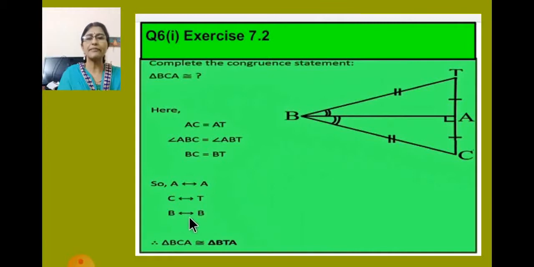So that's why B will correspond to B. Now we will write down triangle BCA is congruent to, now B corresponds to B, so here also B will be written. And then C corresponds to T, so here next we will write T. And then A corresponds to A, so we'll write A. So at the end we'll write therefore triangle BCA is congruent to triangle BTA.